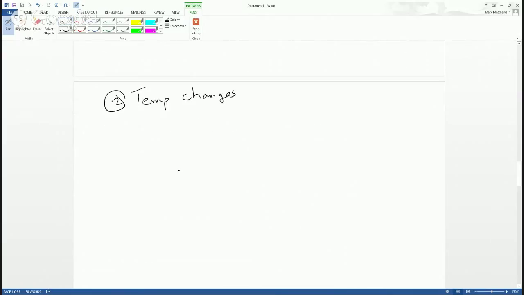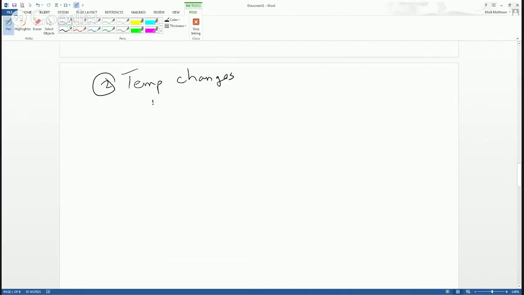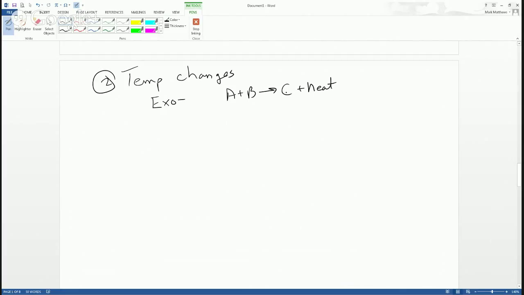How the system will respond depends on whether your system is exothermic or endothermic. So let's say you have an exothermic system. Remember, exothermic means heat's being released. So if heat's being released, it's essentially a product of the reaction. A and B react, give you C, and it releases so much heat.